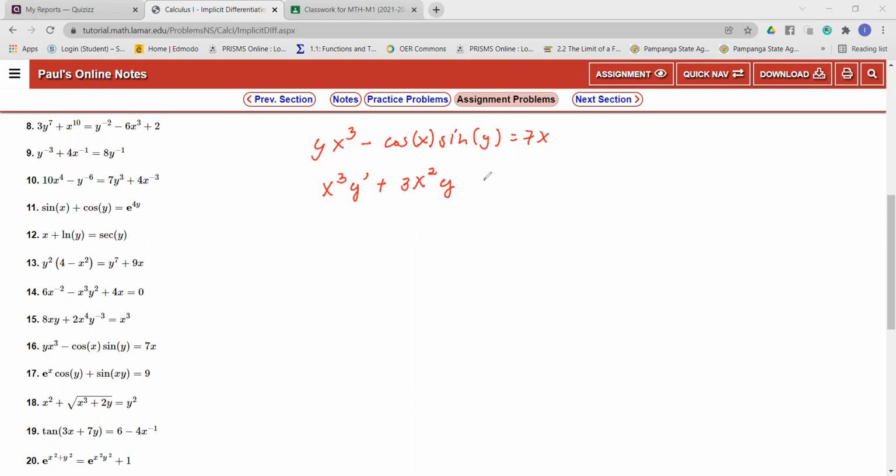Now, sa kabila naman, since mag-product rule din tayo ulit dito, kailangan nakakulong sila para hindi tayo malilito sa operations because we have a negative here outside.